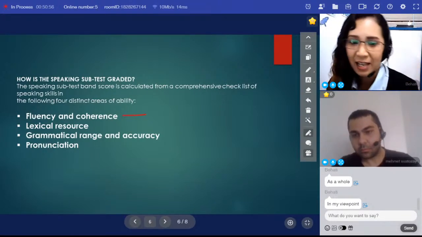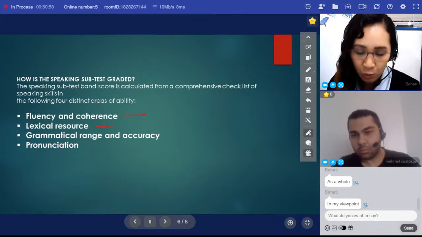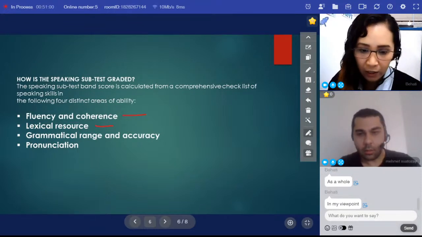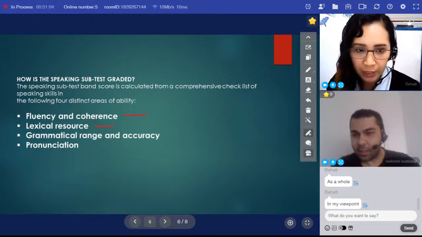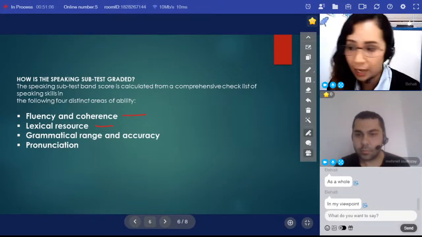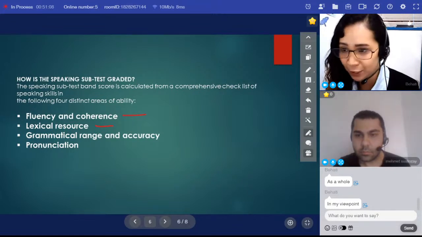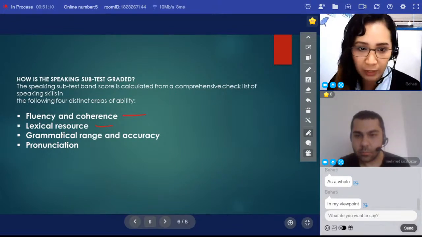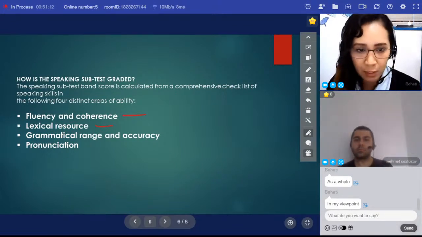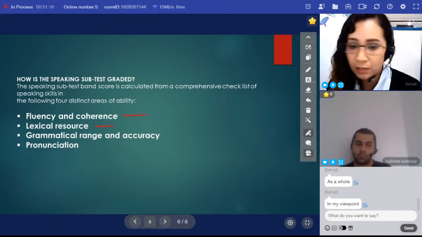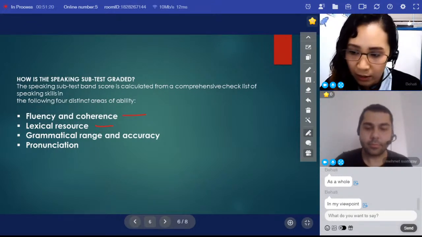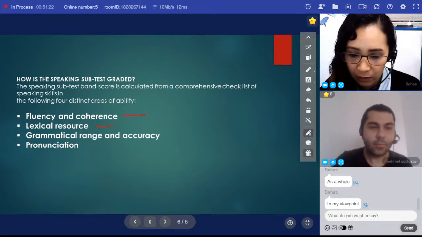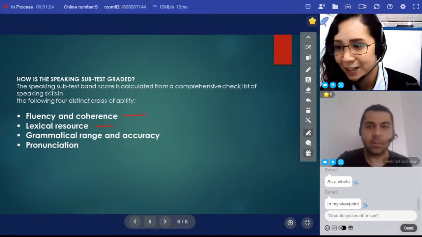Next, let's go to your lexical resource. I was looking for a word that could have been good enough, or let's say a high level vocabulary word, idiomatic expressions. I couldn't find words like that in your exam. Idiomatic expressions, yes.